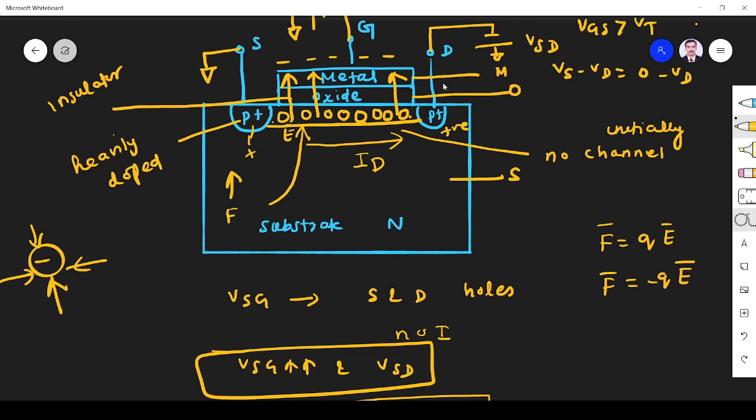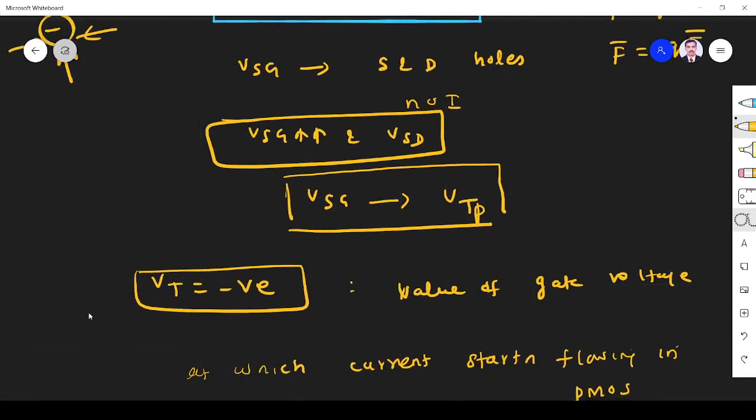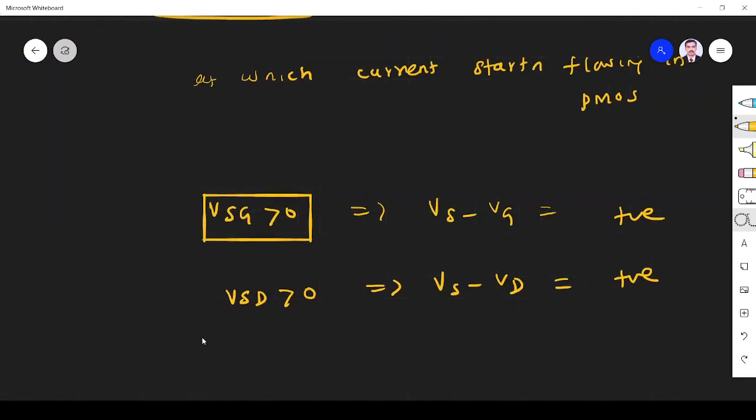So what is the other purpose of this negative VD? This negative VD, or VSD greater than 0, induces an electric field.